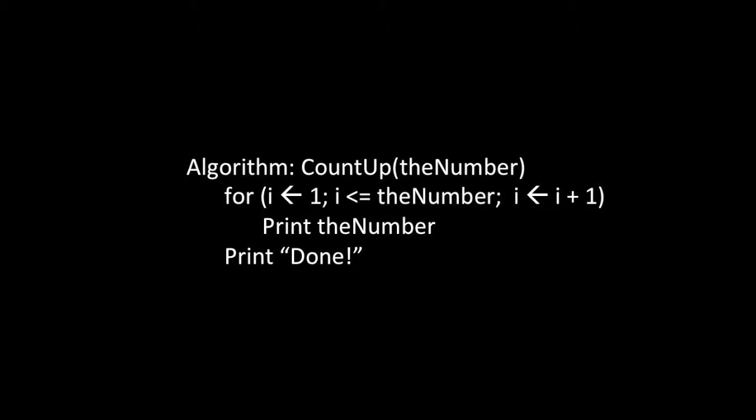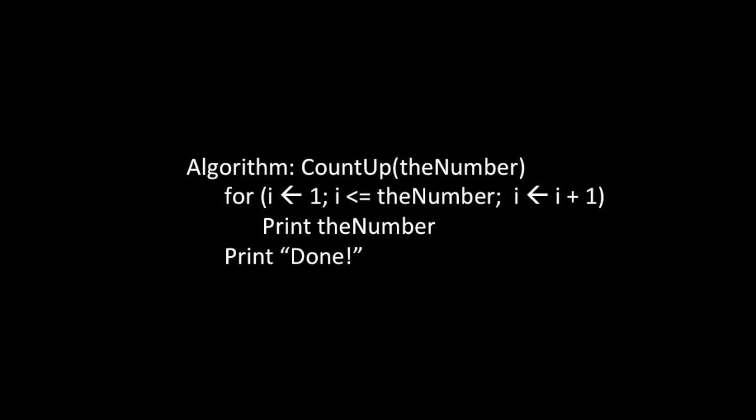Again, it takes a number as the sole argument. And this time we'll initialize the loop with i being equal to 1 because we're going to start printing out our numbers starting with 1 and working our way up to the number. We'll check to make sure that i is still less than or equal to the number. And each time we execute the loop, we'll increment i by 1.